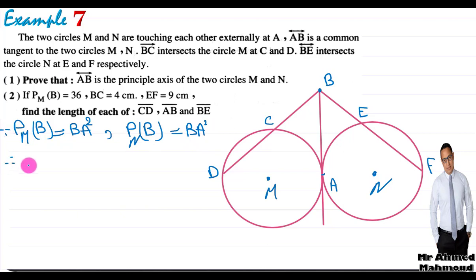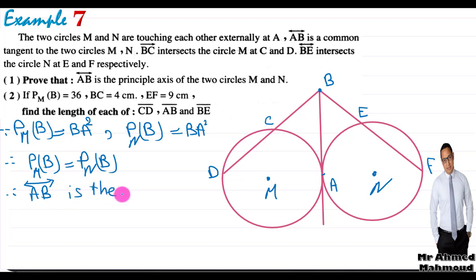Therefore, the power of B with respect to M equals the power of B with respect to N. Therefore, AB is the principal axis for the two circles. Okay, this is the first part of the question.